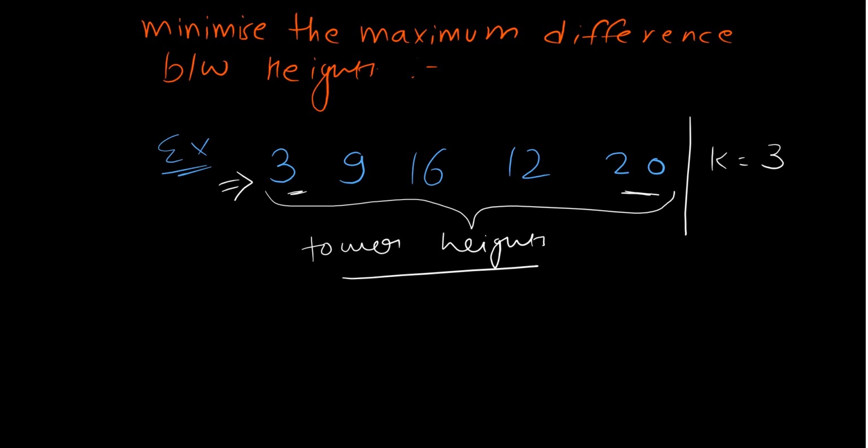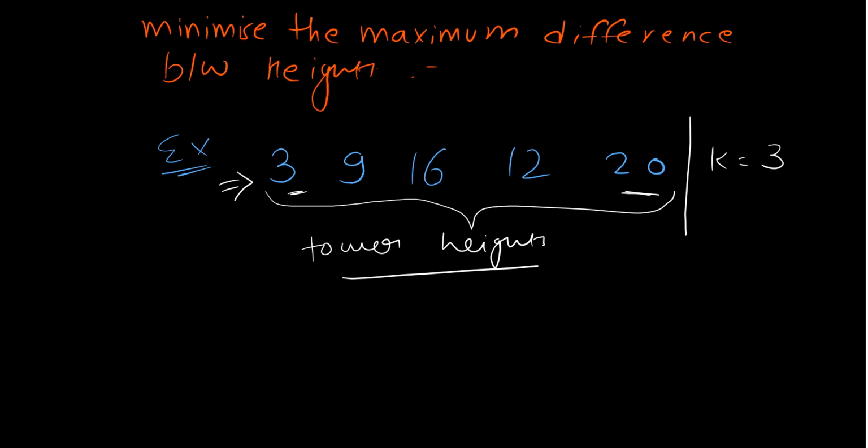Now what we are asked is that we can either increase the height of each tower by k or decrease the height of each tower by k. After performing this operation optimally, in such a way that the maximum difference between the heights is minimized, we need to return the maximum difference.